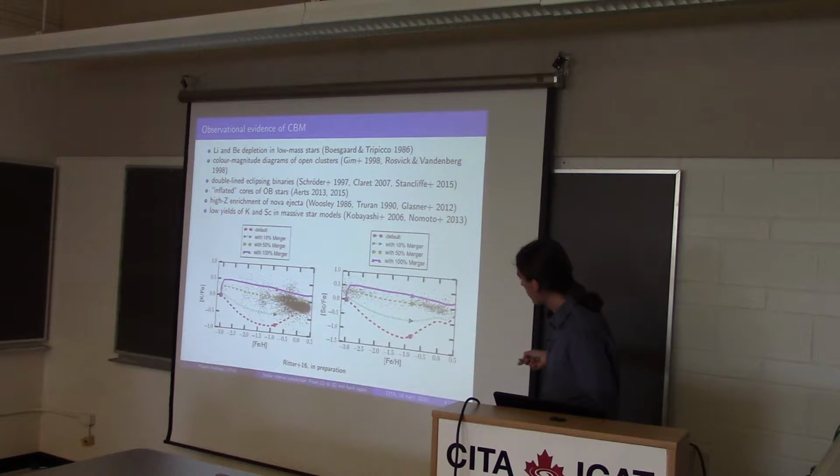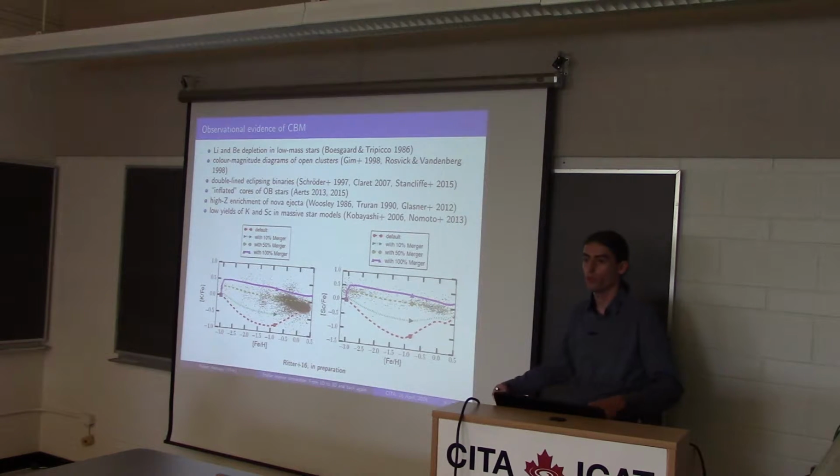Here, as a function of metallicity, is the abundance of potassium and scandium. The dots are observational data, and if you take just the default run of a stellar code, you get something like this. So these curves are too low.